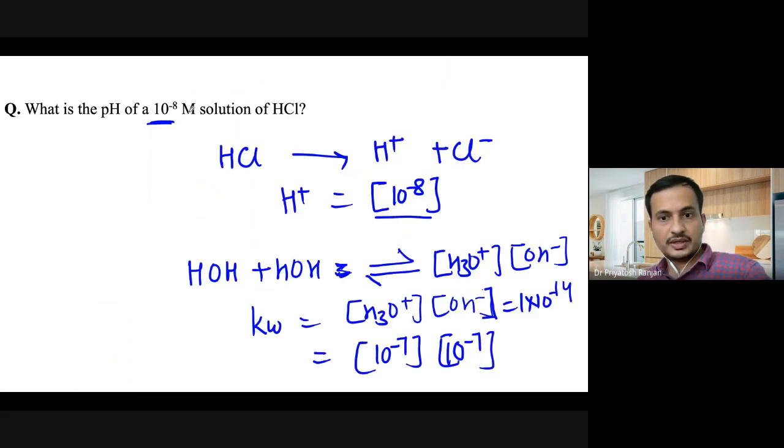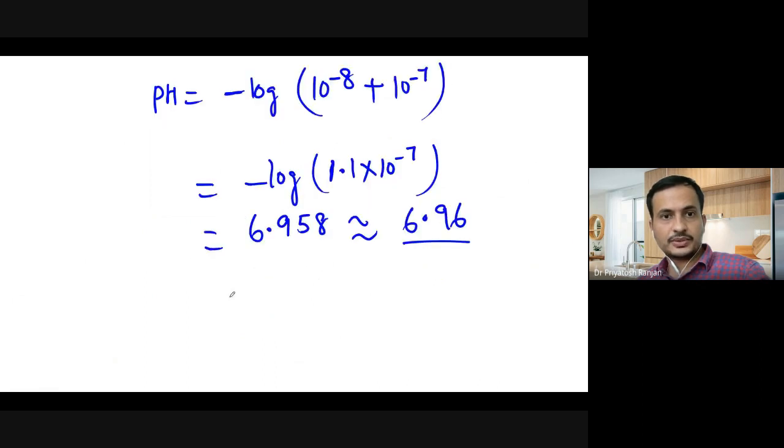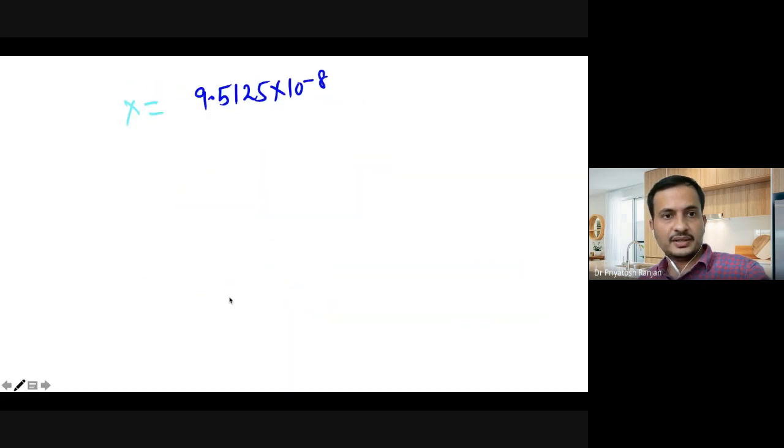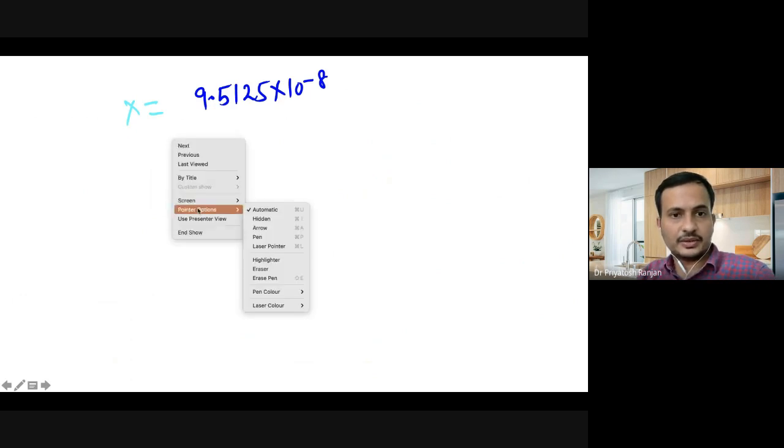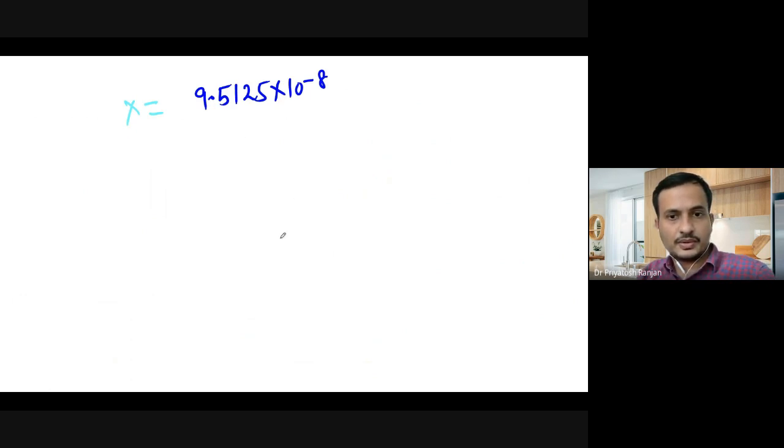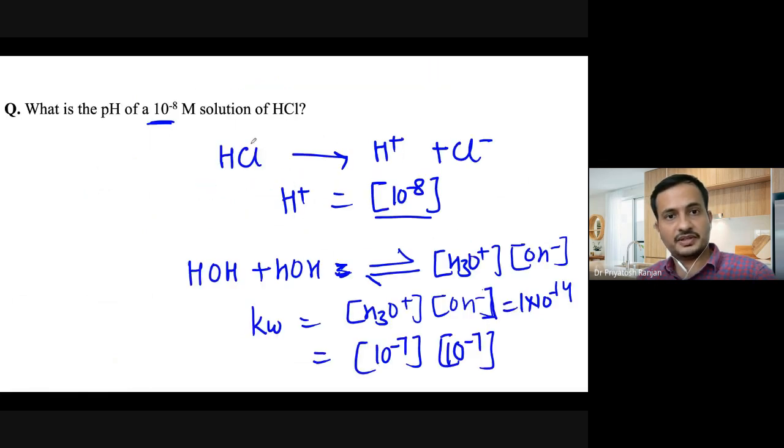So we'll go back to the part where I said that in this particular question, the total hydrogen ion concentration is coming from water, which I am considering as x, as well as the 10 raised to the power minus 8 coming from this HCl.